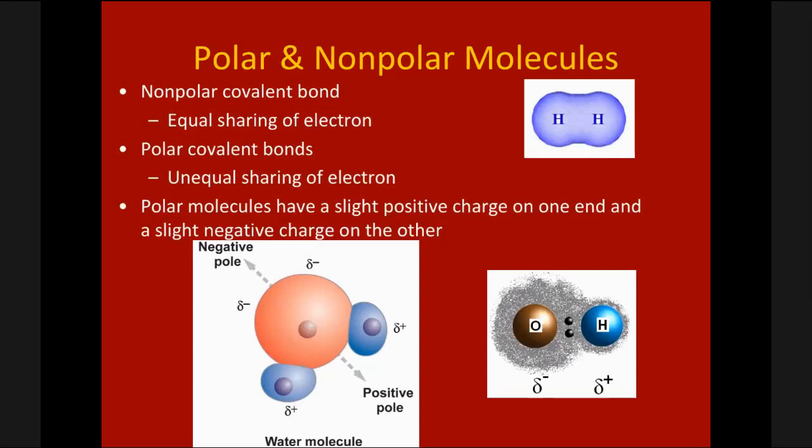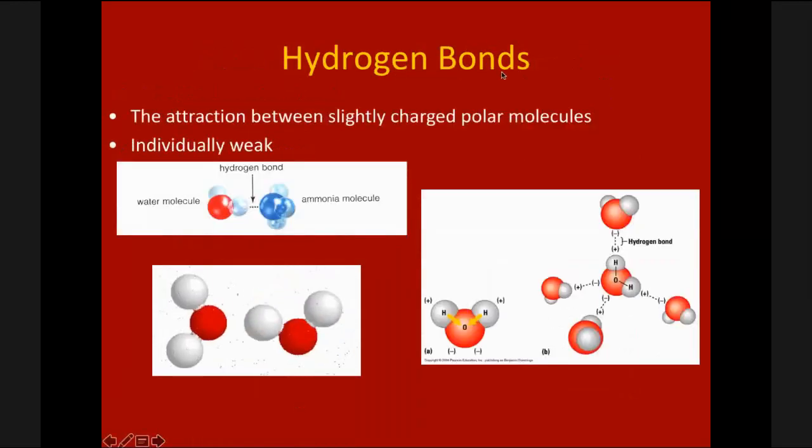All right. So now this means that you have slightly charged atoms next to each other. What we're going to do next is talk about the interaction between those two potentially polar molecules. When you have a slight charge, you're going to be attracted.